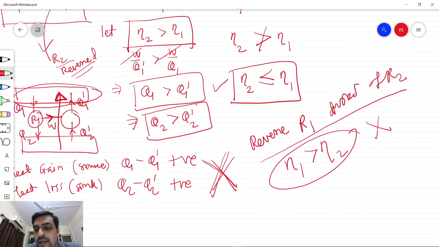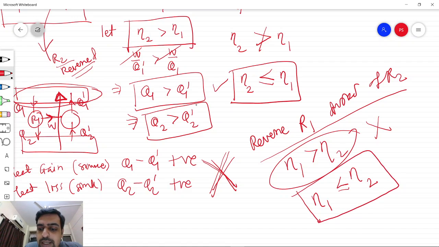Hence eta 1 has to be less than or equal to eta 2. This part is just the repetition of the first part, replacing R2 by R1 and claiming the exact opposite statement.